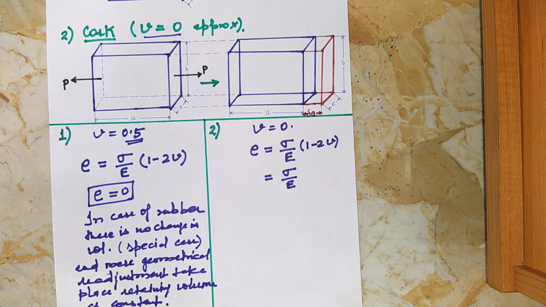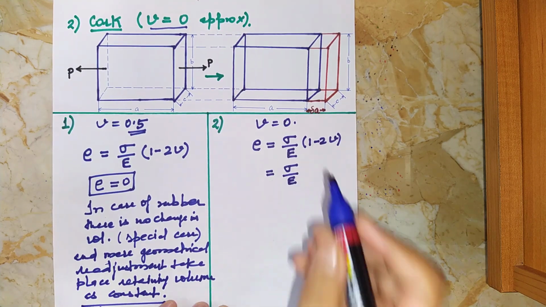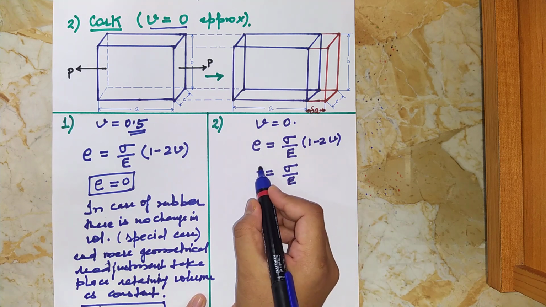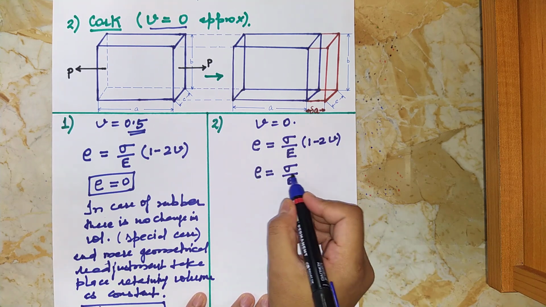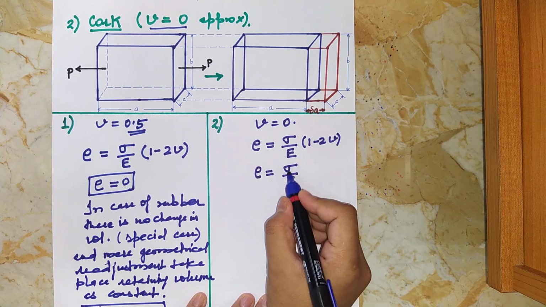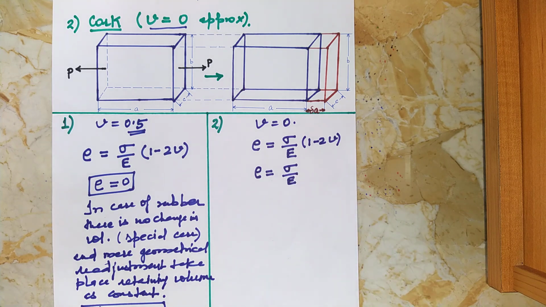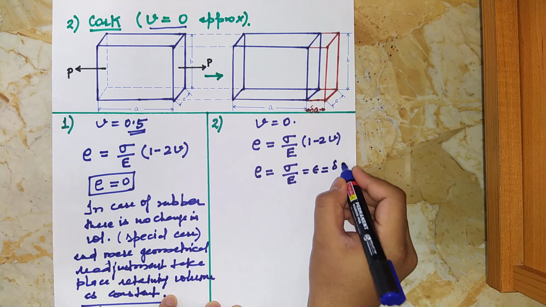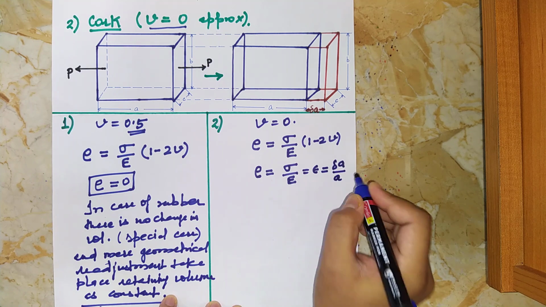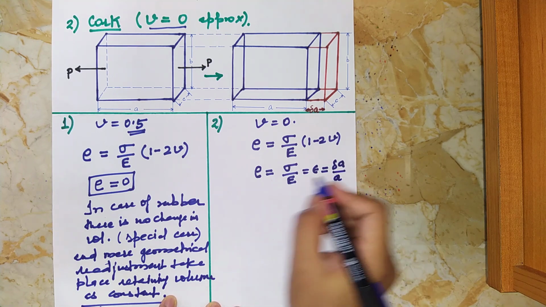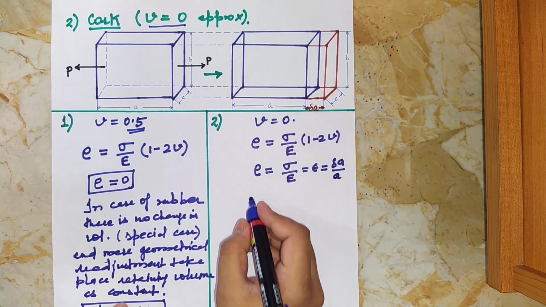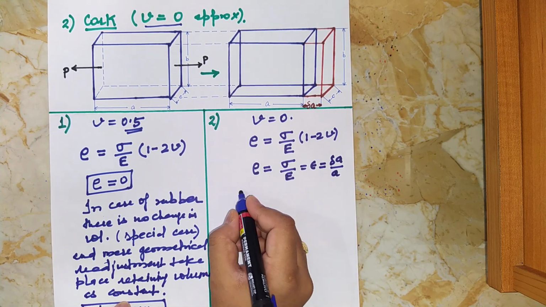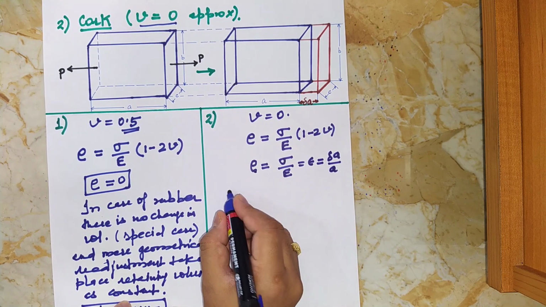This means that change in volume per unit volume is equal to only strain, okay, and this can be written as strain, which is del A by A. This is dilation. When we calculate the total volume change, it will be multiplied by initial volume.